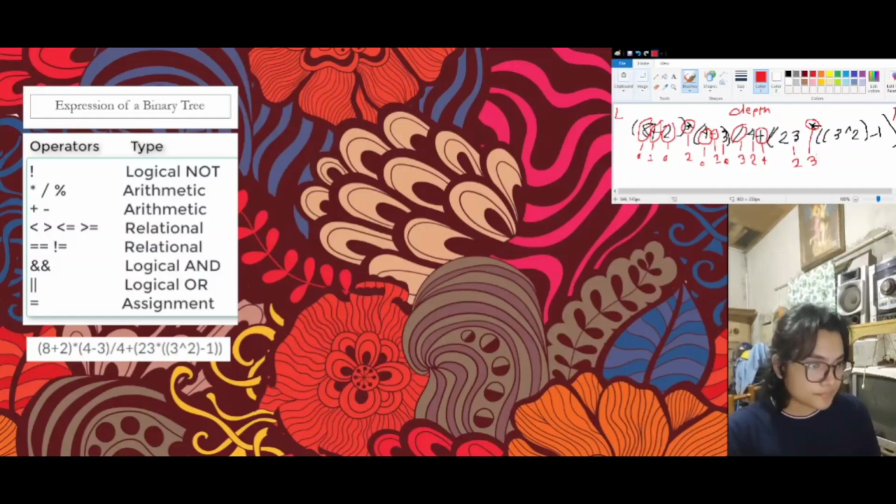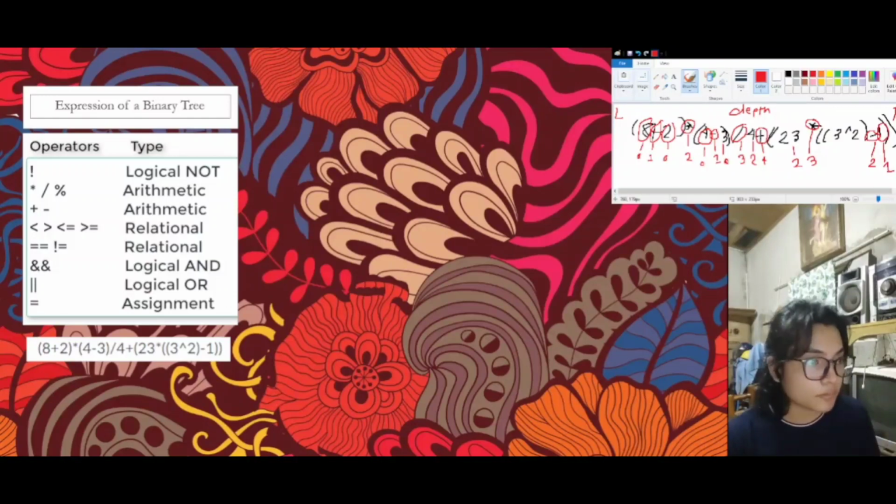Oh, I forgot to put a parenthesis here. Next is going to be in this bracket. What happens here? Since this is an operation lower than the multiplication, because it is enclosed with higher precedence, this is going to be 2, since it is minus 1, and this is going to be 1.